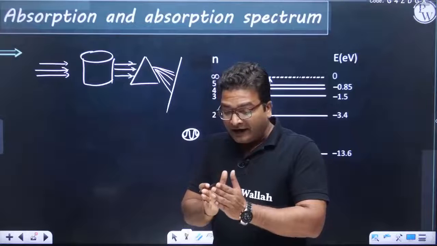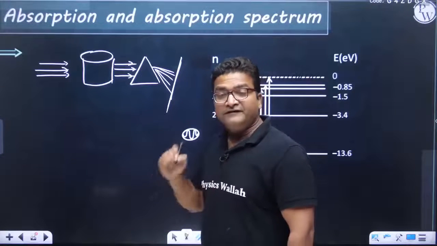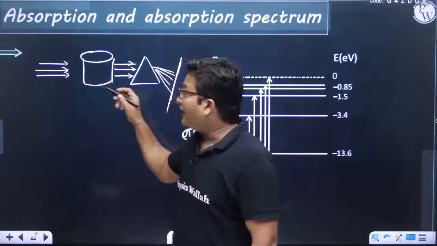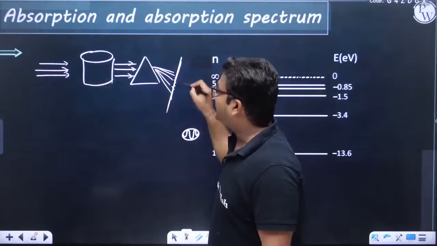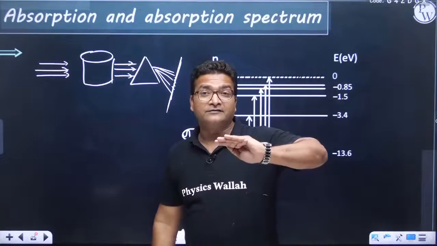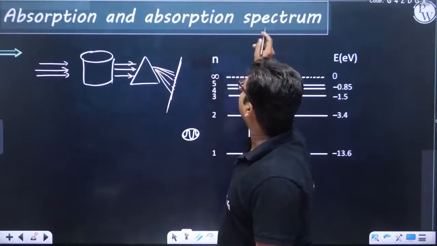Every wavelength has a different place on this screen. So what we see here is that the photons which were actually absorbed are missing in this spectrum, and at their place we get some dark lines, and this kind of spectrum is called an absorption spectrum.